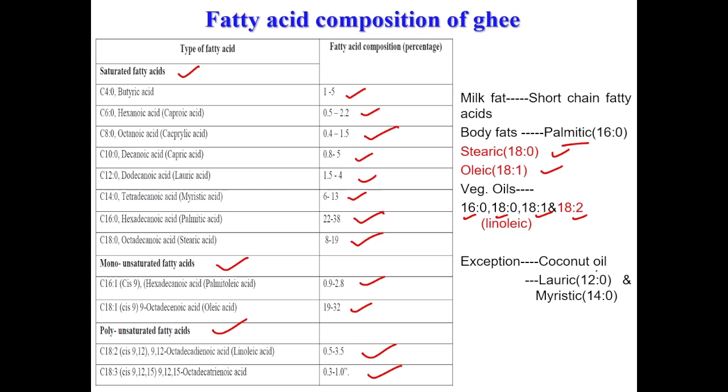And coconut oil is rich in lauric acid and myristic acid also. So if you are determining the fatty acid composition of any sample and find a deviation from the range given here, then we can predict that some type of adulterant has been added into the ghee.